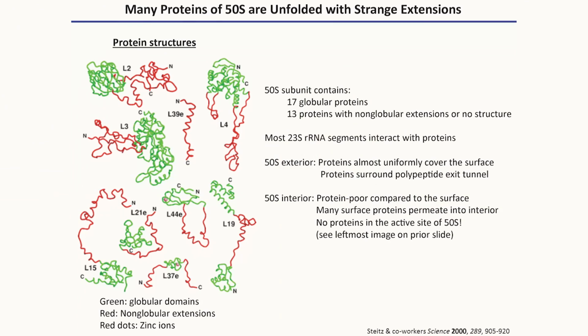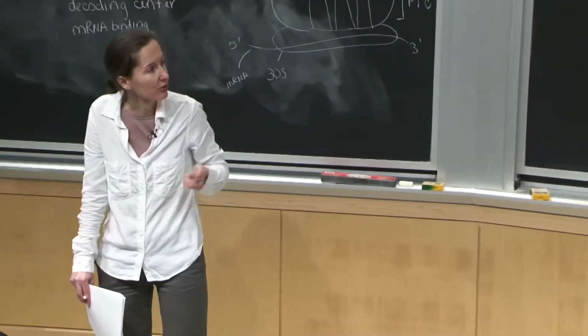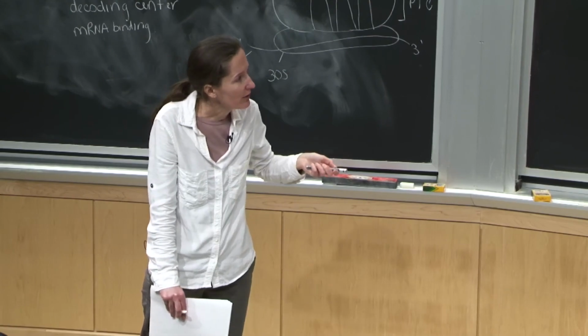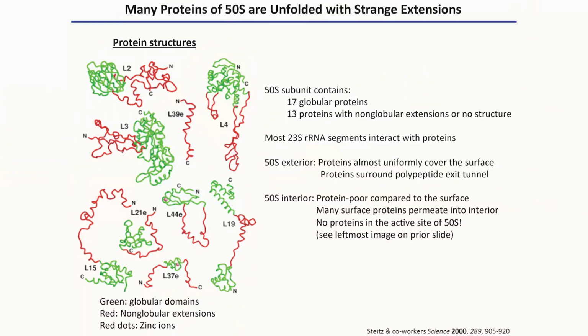In the 50S, we can categorize 17 of the proteins as globular or folded, and 13 of the proteins as cases where there are extensions that are non-globular or have no clear structure. That's color-coded in these examples, with folded regions in green and unfolded regions in red.